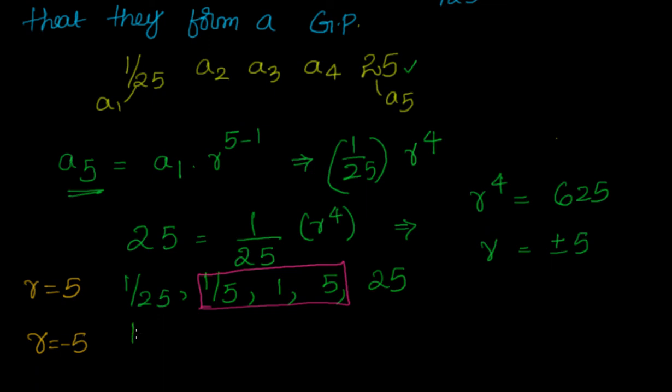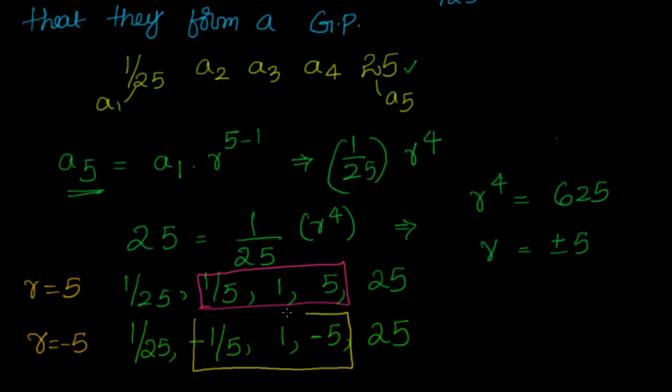If r is minus 5, I will have 1 by 25, then minus 1 by 5, then 1, then minus 5, then 25. So the numbers are minus 1 by 5, 1 and minus 5. So the numbers are 1 by 5, 1, 5 and minus 1 by 5, 1 and minus 5.